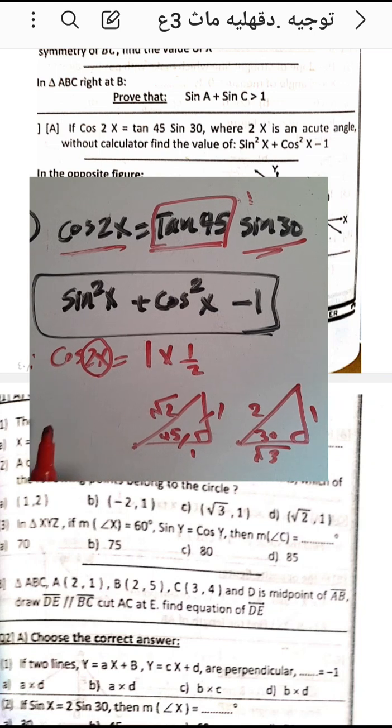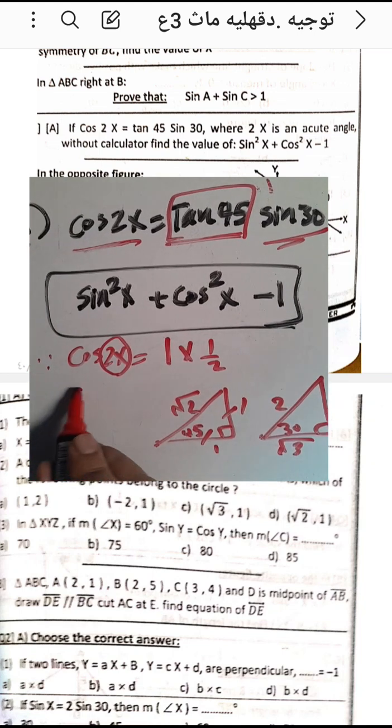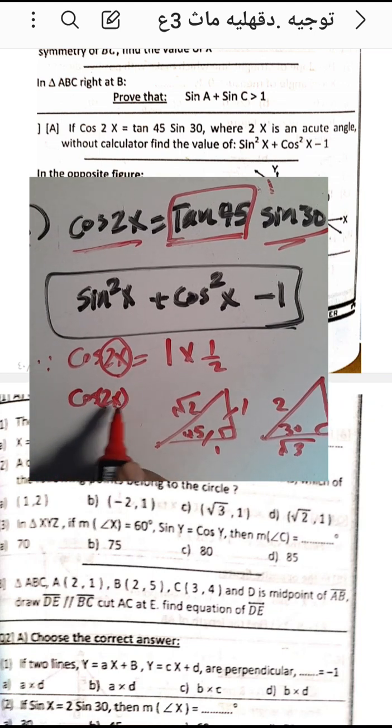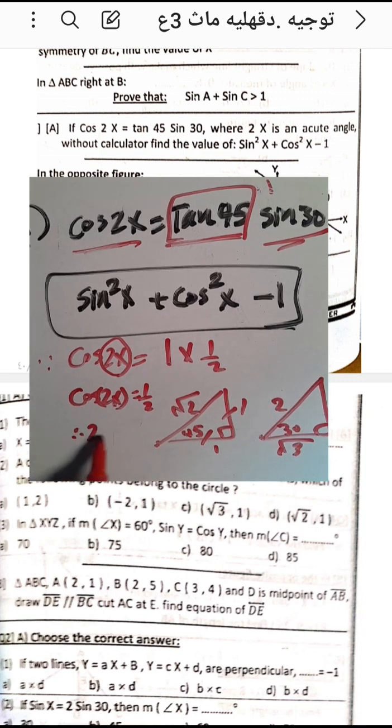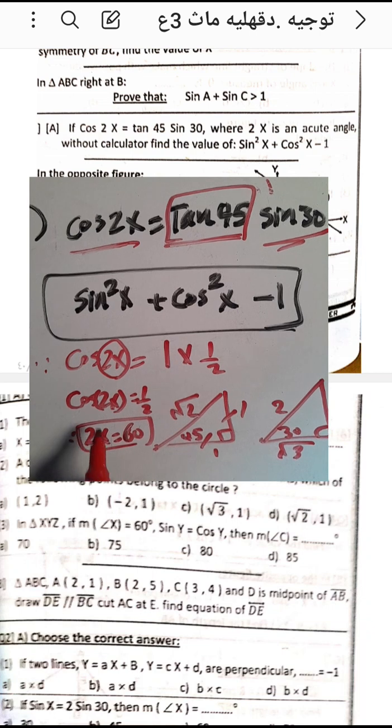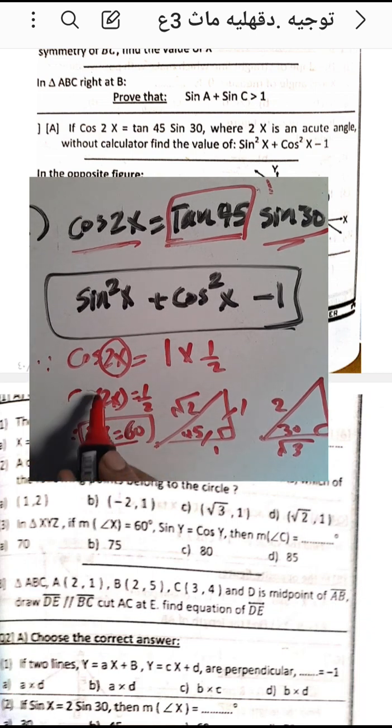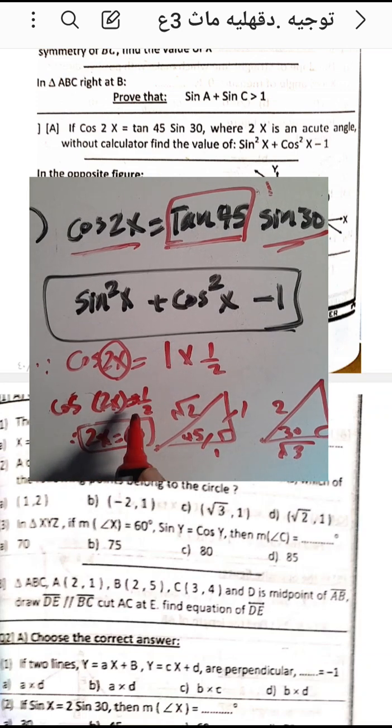Then cosine 2x will be half. Then 2x will be 60, because cosine 2x equals what? Half.